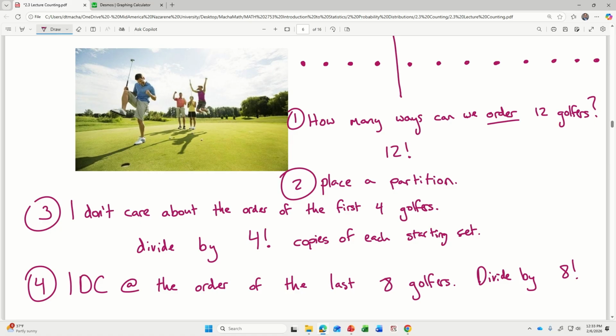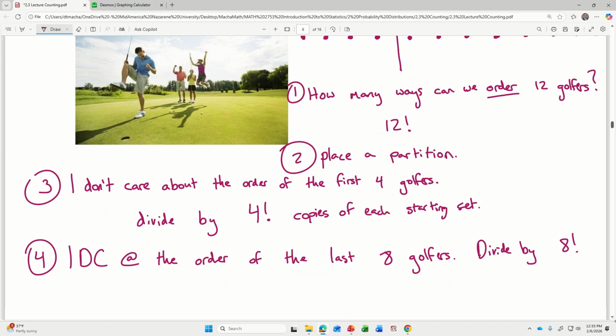And we're dividing by 8 factorial because, again, if I'm counting the number of permutations that are exactly the same, with exactly the same first 4 golfers, 1, 2, 3, 4, and the same last 8 golfers, but where the last 8 golfers might appear in a different order from one another, there are 8 factorial of those permutations that for our purposes are the same, but we don't want to double count them, right? We don't want to redundantly count these extra ones. So we are dividing by 8 factorial in order to adjust for that, to compensate for that.